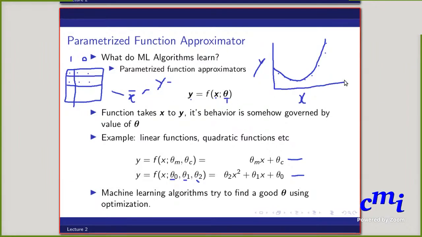Of course, I can't draw a graph showing you what these data points are going to look like for a 10,000 size input vector, but conceptually you can imagine something like that. From a conceptual point of view, whatever is happening there is not really any different from whatever I've drawn here.